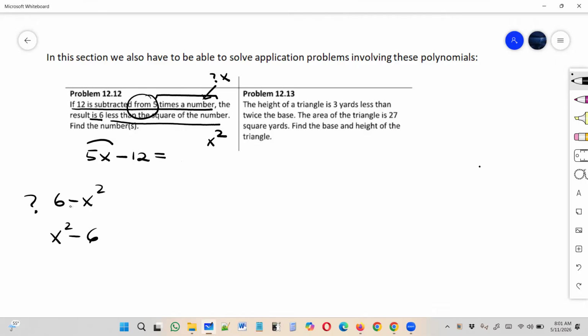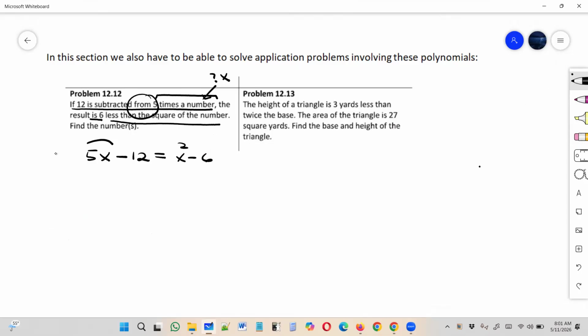You got to be careful with those things, okay? Not 6 minus x squared, but x squared minus 6.